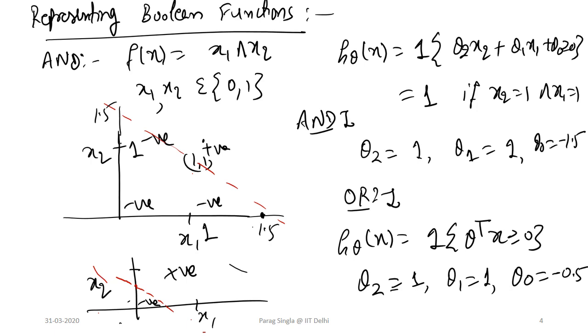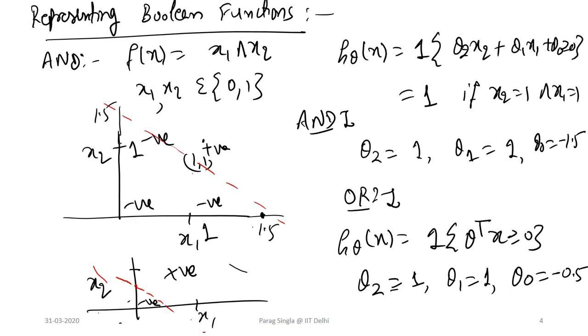As you would agree, there are infinitely many such separators which separate positive from negative, and one such separator is probably this line that I'm drawing here, which goes through the point 1.5 on the x2 axis, and also the point 1.5 on the x1 axis, right? I guess it's not really drawn to scale very well, but that's okay.